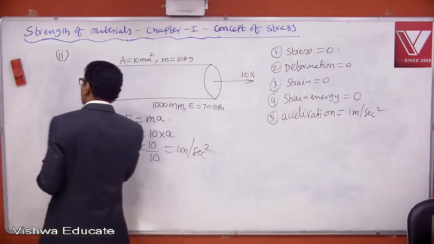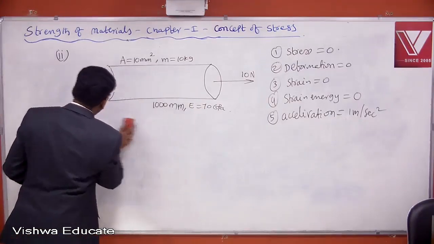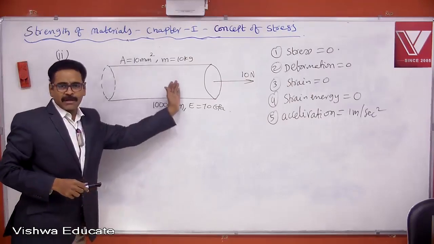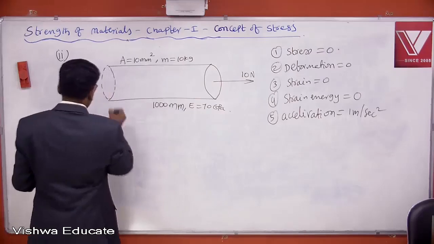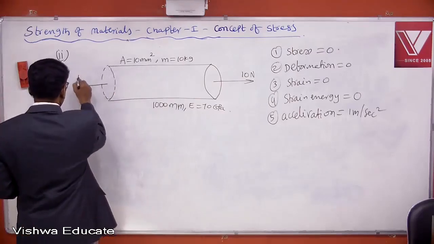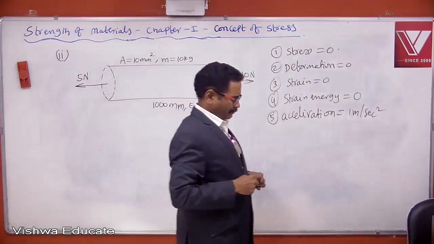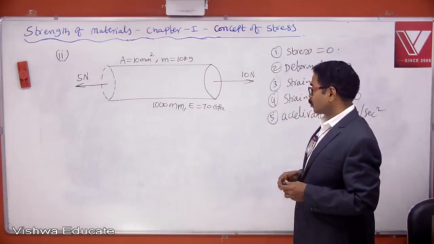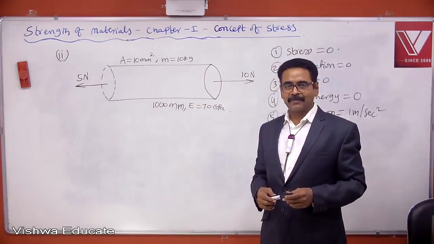Okay. Let us move to the second case. In the second case, again I am taking a cylindrical bar. This bar is carrying loads like this. Towards right, a force of 10 newtons is acting. Towards left, a force of 5 newtons is acting.